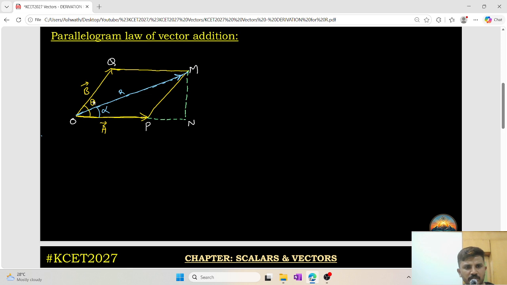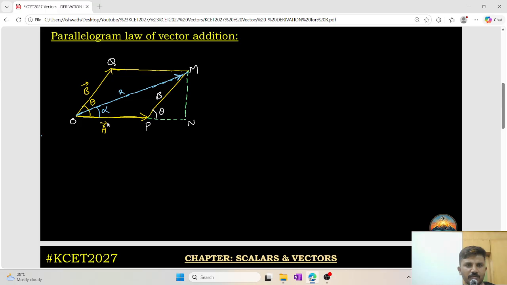Now look at this. This OQ is parallel to PM, so I can write this is also B, having the magnitude of B. And we have PN and MN here. The angle between PM and PN will be theta. This theta is equal to this theta.